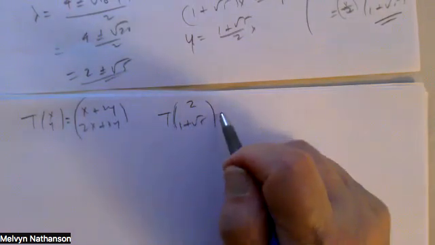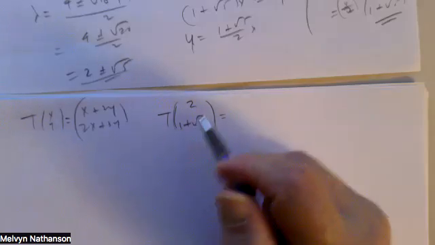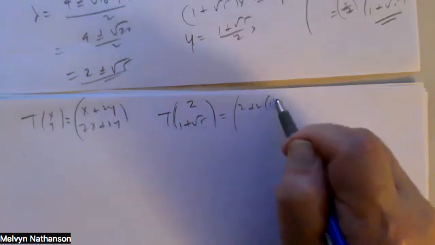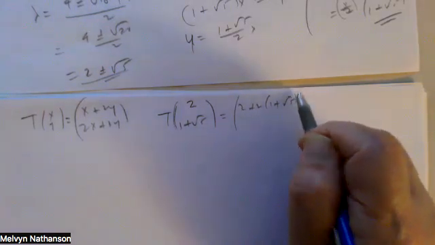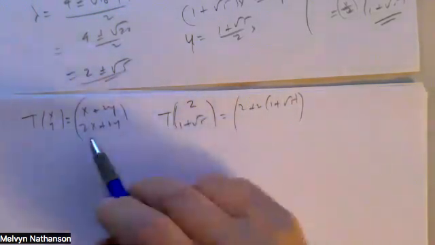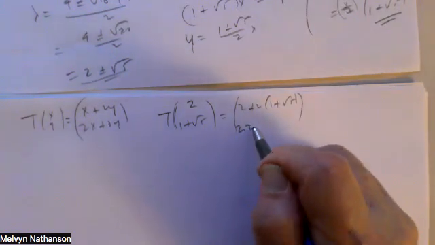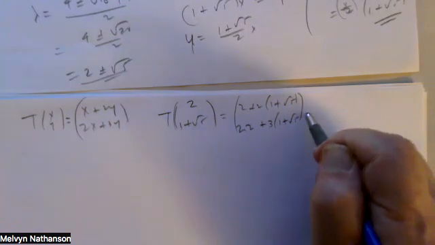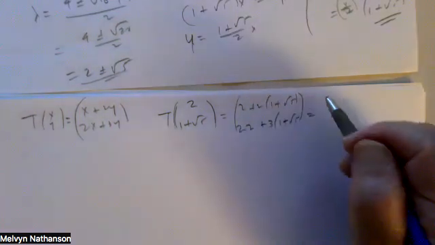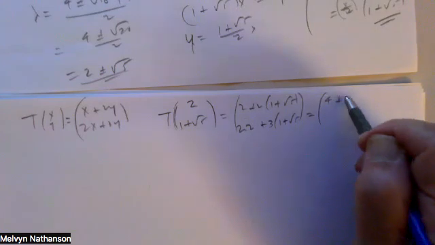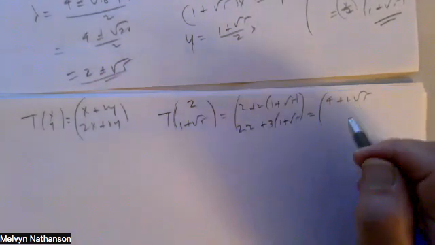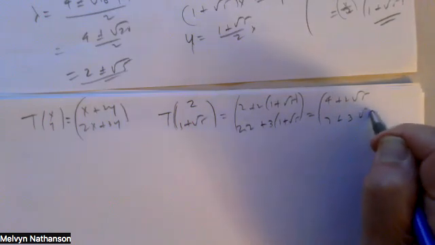T applied to this vector: this is x plus 2y, which is 2 plus 2 times 1 plus root 5, and 2x plus 3y, which is 2 times 2 plus 3 times 1 plus root 5. 2 plus 2 is 4 plus 2 root 5. This is 4 plus 3 plus 3 root 5, which is 7 plus 3 root 5. Huh.